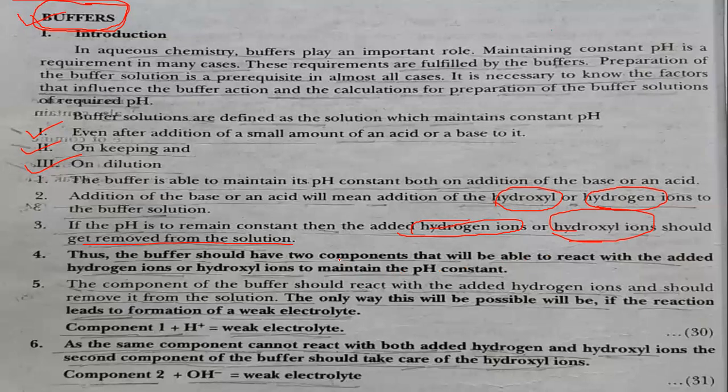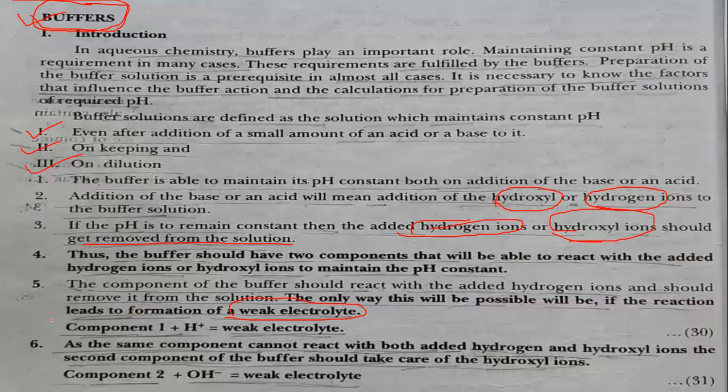Now, the only way this will be possible is if a reaction leads to the formation of a weak electrolyte. To remove the hydrogen ion or hydroxide ion, there must be formation of weak electrolytes. So as I told you, there are two components in a buffer solution.